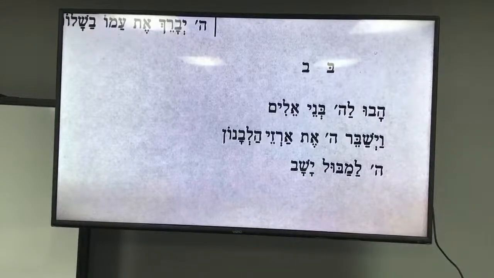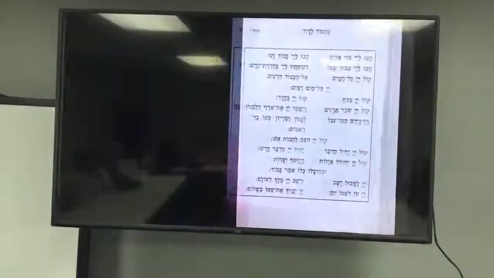Sorry, it's Lamabul. Lamabul. It's a cross between a llama and a bull. Lamabul. Yashav. You ever seen a llama bull? Nope. It's a very, very heavy, hairy bull.